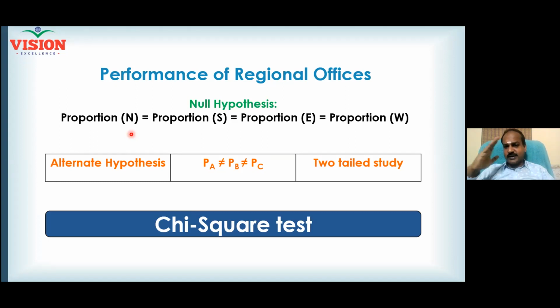For a 2-tailed study, the region beyond 1.96 on the right and left will be equal to 5%. So the region inside the 1.96 will be equal to 95%. If it is a 1-tailed test, the region above 1.645 will be equal to 5%, and the region below will be equal to 95%. All that I want is the 95% confidence interval or confidence limits. Right. Okay. So that is one thing.